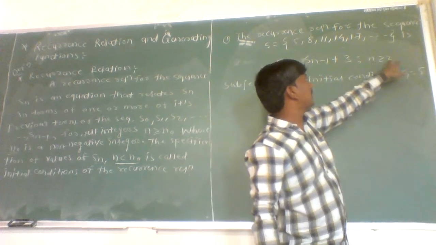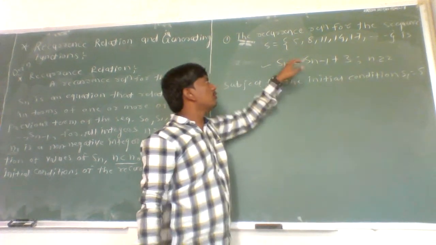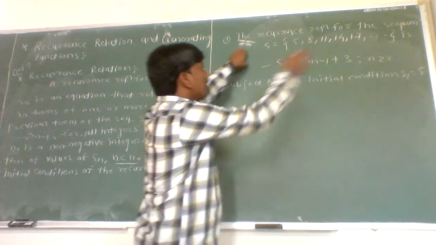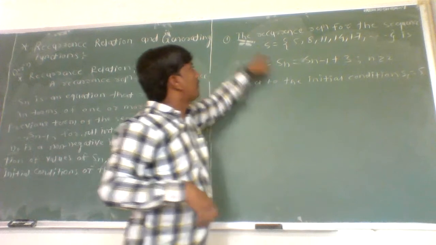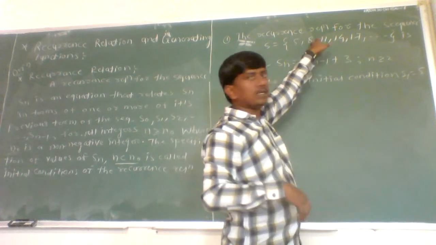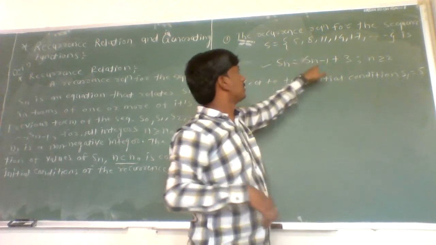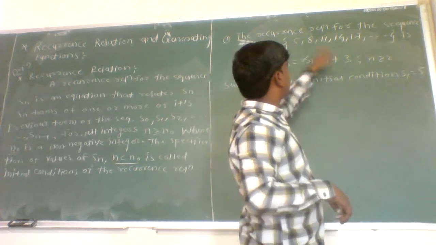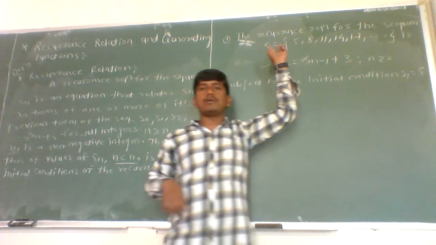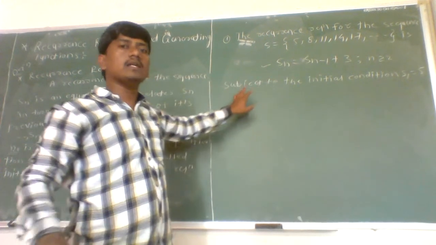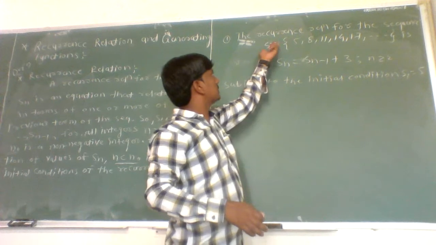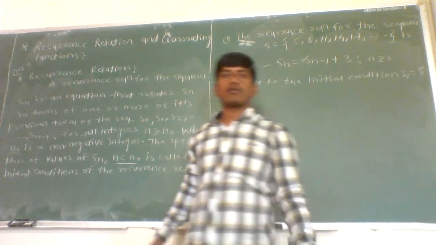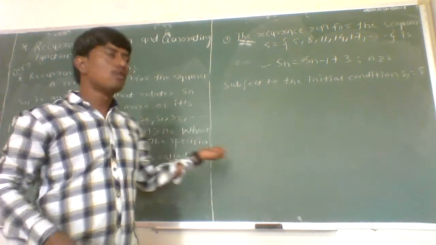If we take n equal to 2, then S2 is equal to S1 plus 3, which is 5 plus 3, that is 8. Then S3 is S2 plus 3, which is 8 plus 3, that is 11. In this way, we can find each term of the given sequence. The recurrence relation is Sn equal to Sn minus 1 plus 3, where n is greater than or equal to 2, with initial condition S1 equal to 5.